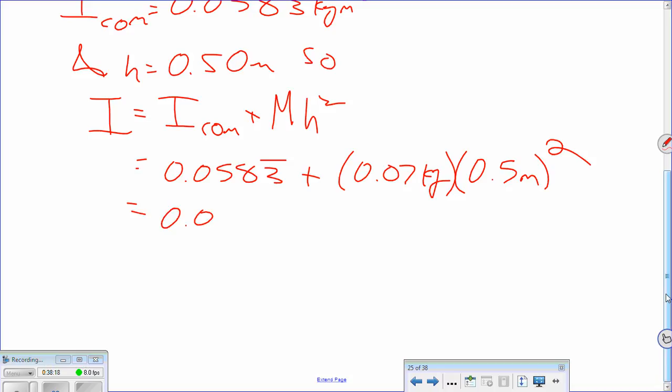So you get 0.0583 plus, what's a quarter of 0.07? 0.0175 sounds good to me. So add this all up and you get, oh, well that's clearly not right. What did I do? Oh, I know why, because I did this differently in my notes. Is everything here right?